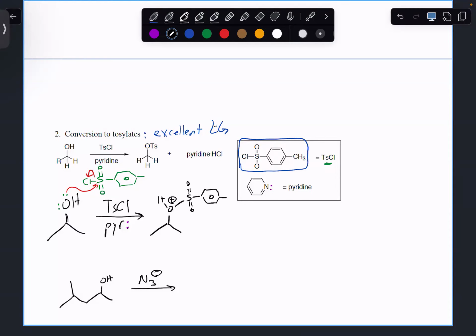Again, you don't need to know that structure for this class. All you really need to know about it is that pyridine is a non-nucleophilic base. And that's its function in this reaction, and we'll see it used quite a bit going forward. Pyridine is going to come in and grab that proton to make a neutral compound.